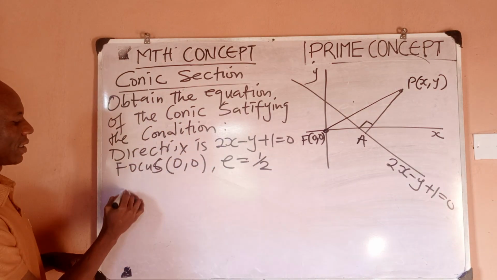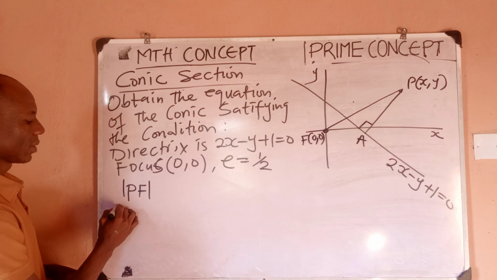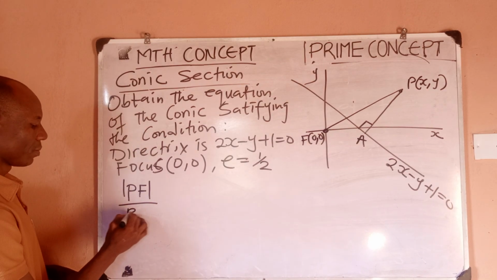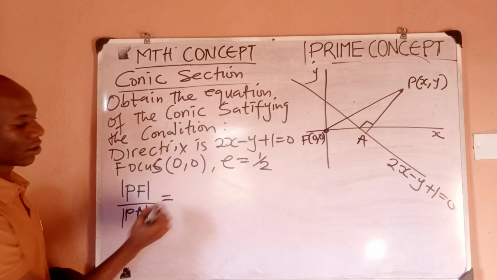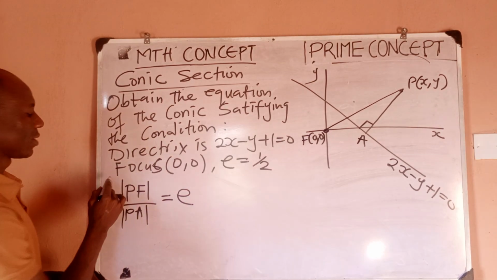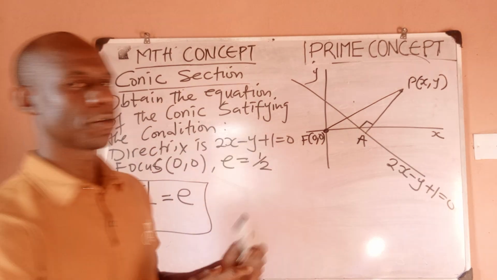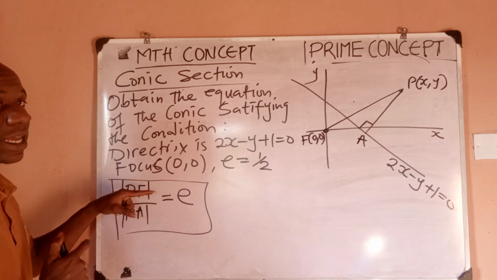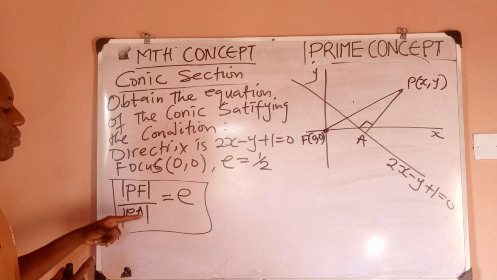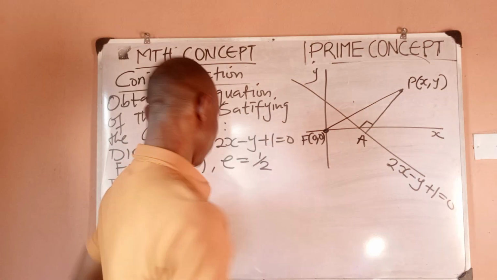So the ratio of PF to PA would always be constant. And what is the constant? The eccentricity. So this is the relationship we'll need to solve this problem. First of all, we should be able to get PF. If we get PF, we get PA, we know e, we equate this and solve. So let me rub this side.